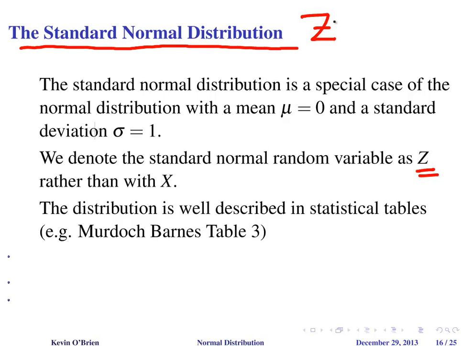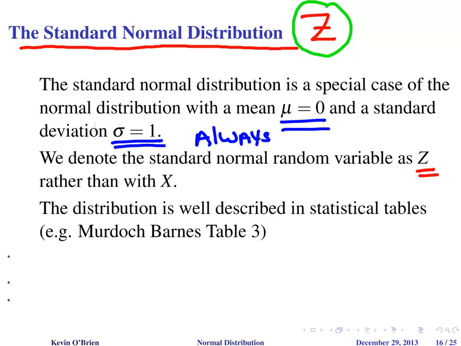So you would have the normal distribution and the standard normal distribution, but just for clarity I'm going to call it the Z distribution to emphasize the difference between the two. It is a normal distribution with mean mu equals 0 and standard deviation equal to 1. That is always the case. They never change. With the Z distribution, the mean is always 0 and the standard deviation is always 1.